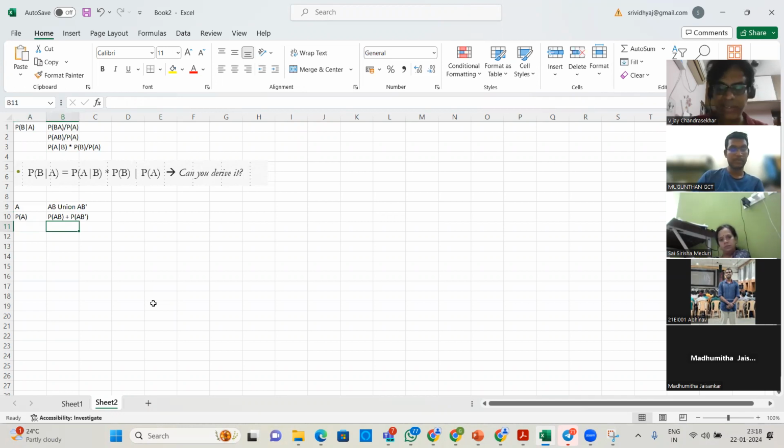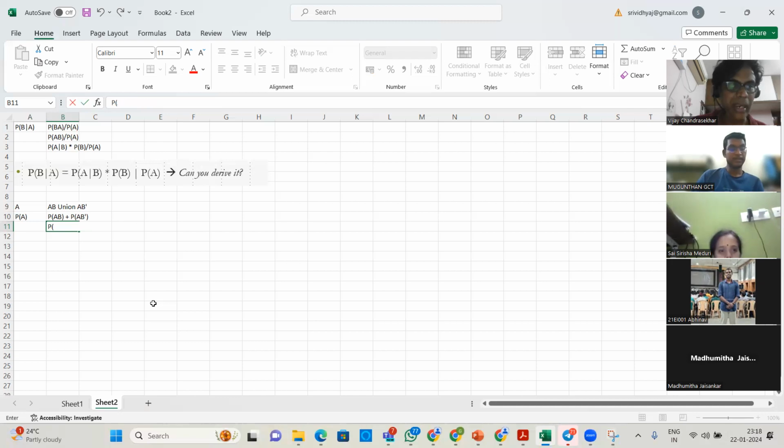So now I can write this as probability of A given B multiplied by probability of B, plus probability of A given B complement multiplied by probability of B complement. That's right.